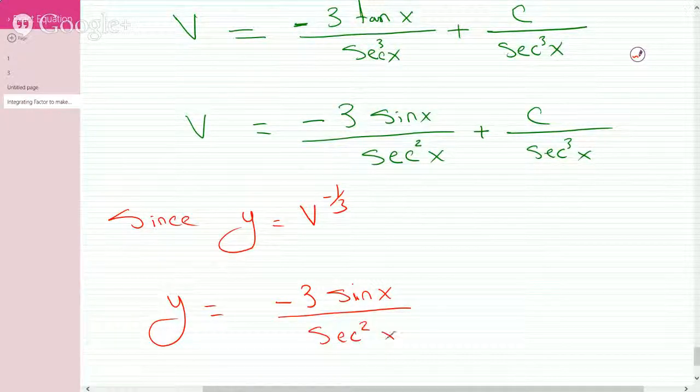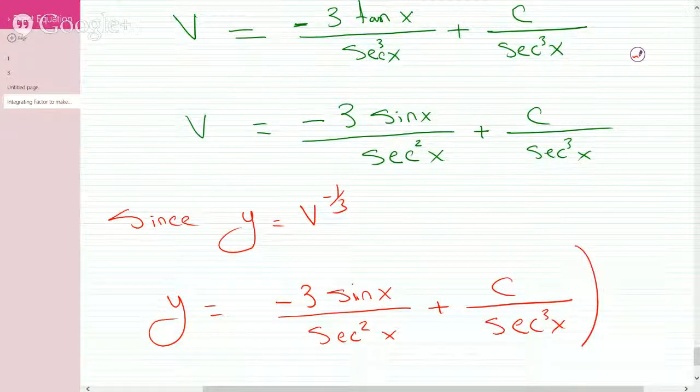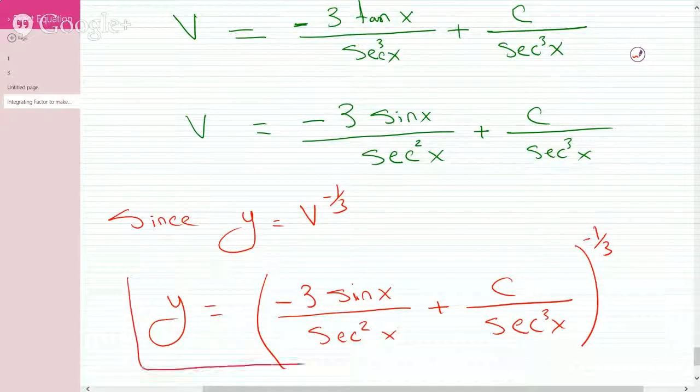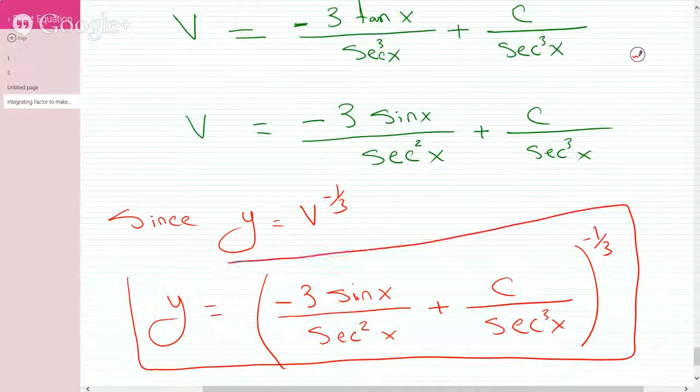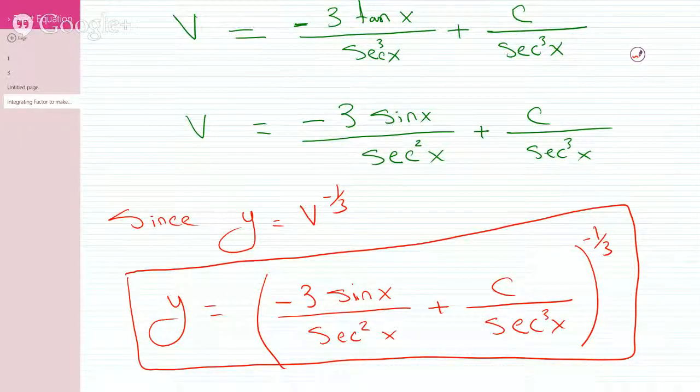Minus 3 sine x over secant square x plus c over secant cube x, raised to the minus 1/3. And this is the solution of the differential equation using Bernoulli's transformation from y to v and using the integrating factor method.